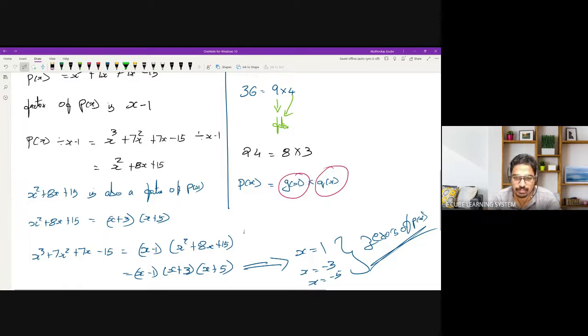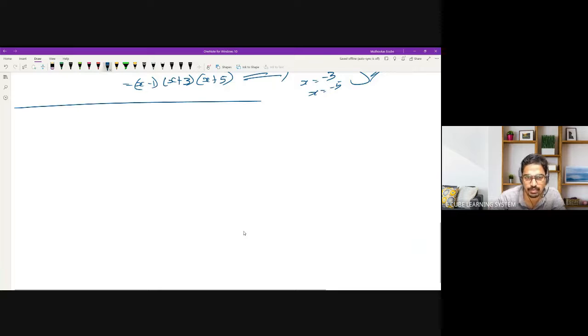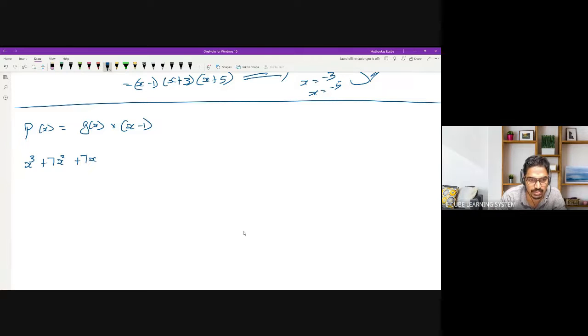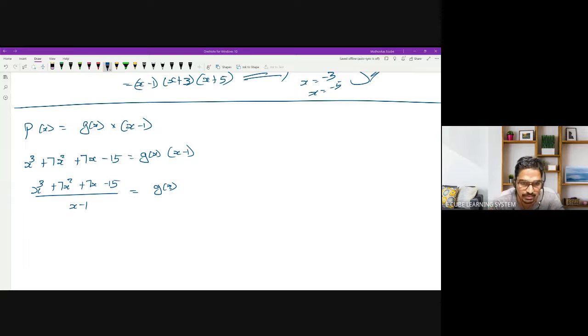Okay, then next step, p of x is equal to some g of x into x minus 1. x cube plus 7x square plus 7x minus 15 divided by x minus 1 is equal to g of x.